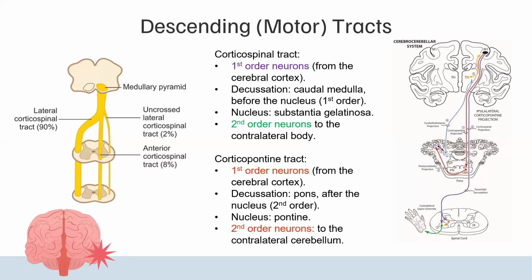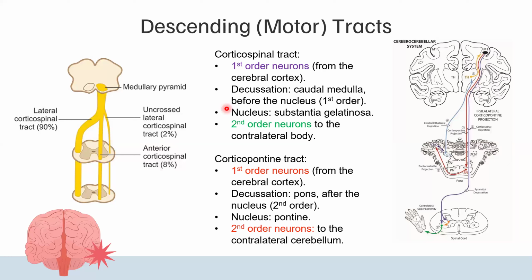So looking at the actual pathway, we're going to have our first order neurons that arise from the cerebrum. They're going to descend down from the ventral aspect, so the anterior-most aspect of the brainstem.